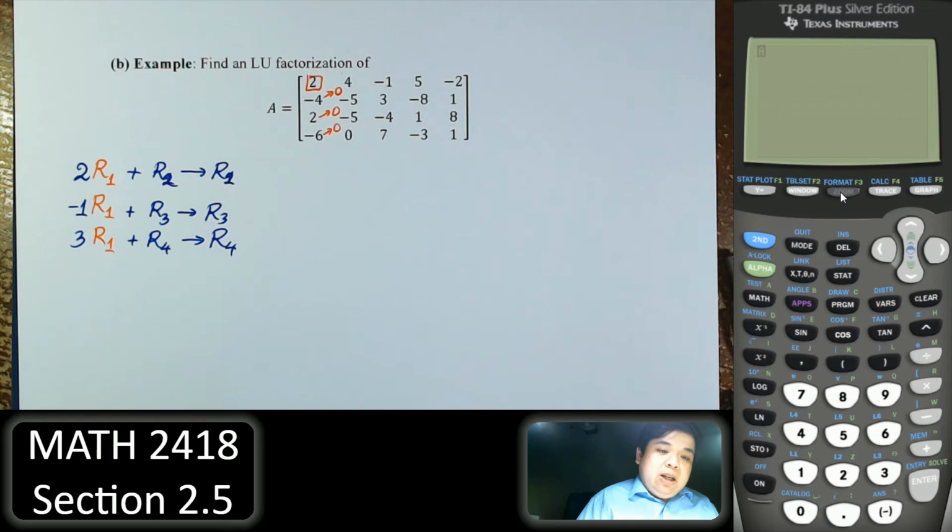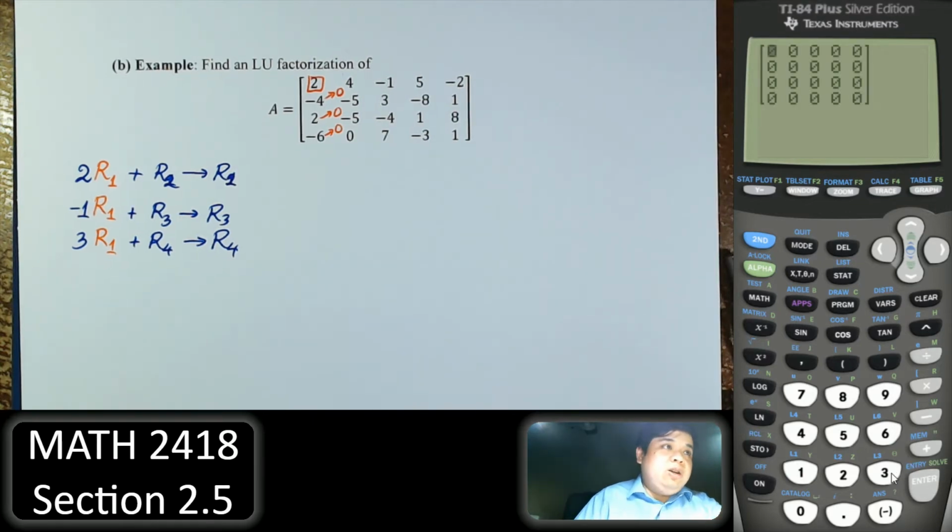First, this is a 4 by 5 matrix. Unfortunately, we cannot just hit one button. We have to do a bunch of operations. 2, 4, negative 1, 5, and negative 2.